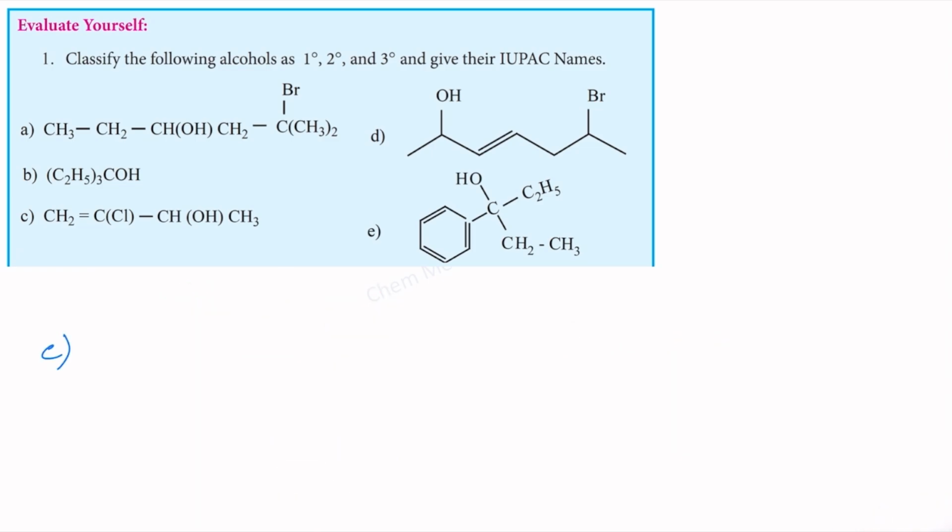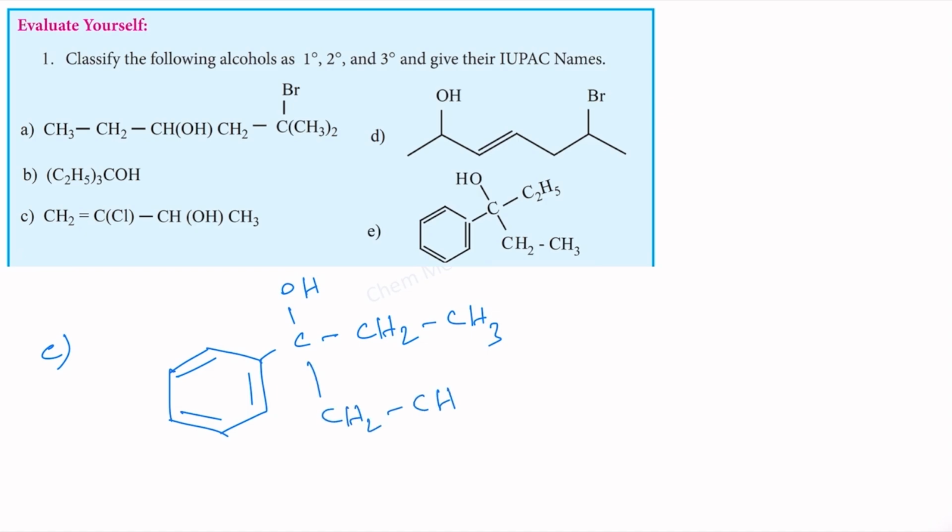Let us move to E. Let us rewrite the structure. We have a phenyl ring, and then carbon, and then the alcohol functional group, and then C2H5 we can expand and write it as CH2CH3, and then another CH2CH3. Here the long continuous carbon chain is this one. It is not this one.